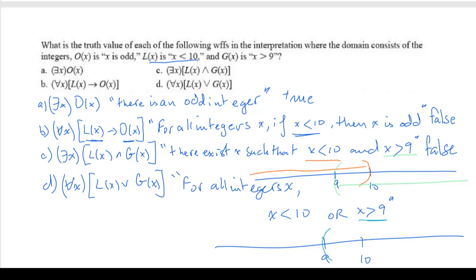X strictly greater than 9, or X less than 10. So for all integers X, either less than 10 or greater than 9. So this is true, because all X's are going to be either less than 10 or greater than 9. So we get everything on this number line.